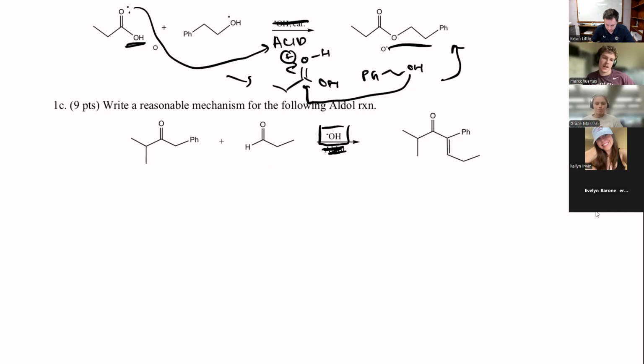All of the hydrogens that come off of the alpha carbons. I'm looking one carbon away from each one of these carbonyls. Is this acidic? No, don't fall into that trap. One carbon away: alpha carbons. So I have here, here, here, three different spots where I could potentially form an alpha carbon nucleophile.